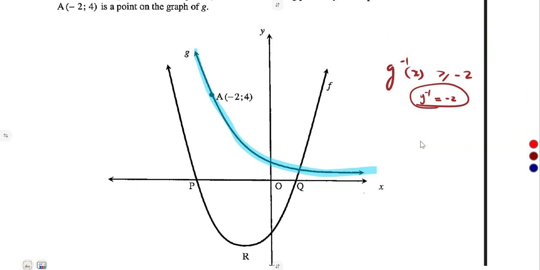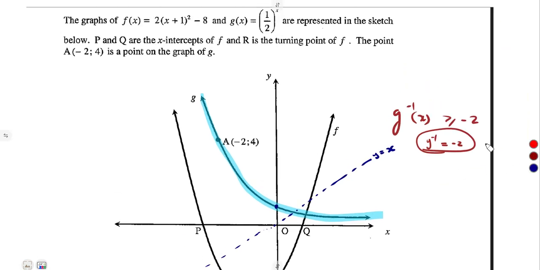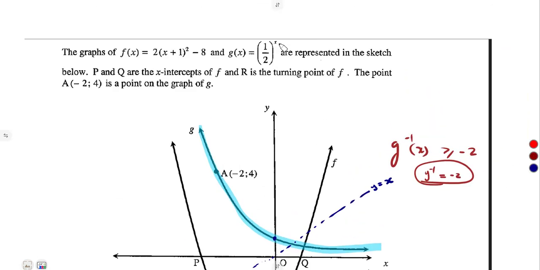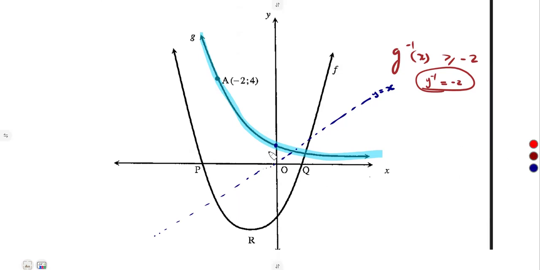We know that the inverse is a result of reflecting this graph on the line y is equal to x. So this point, if we consider where x is equal to 0 and substitute here, it was going to give us y is equal to 1. So this is 1.